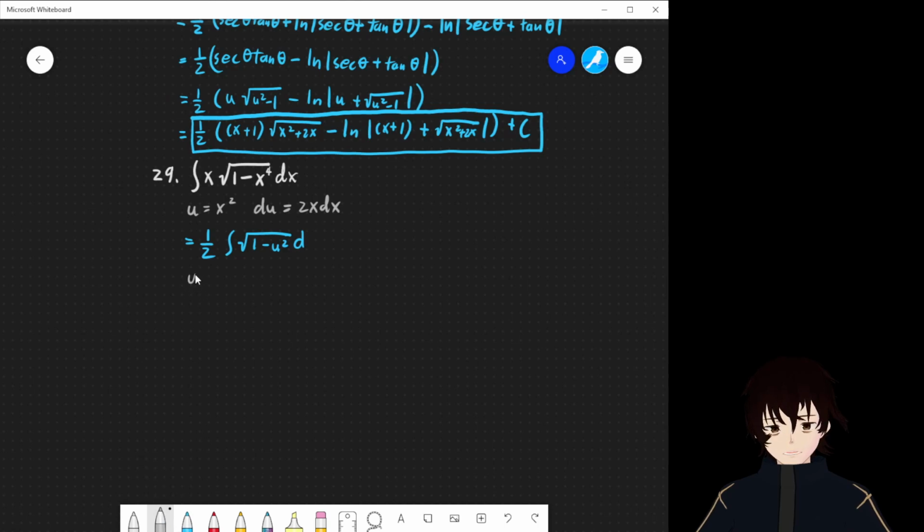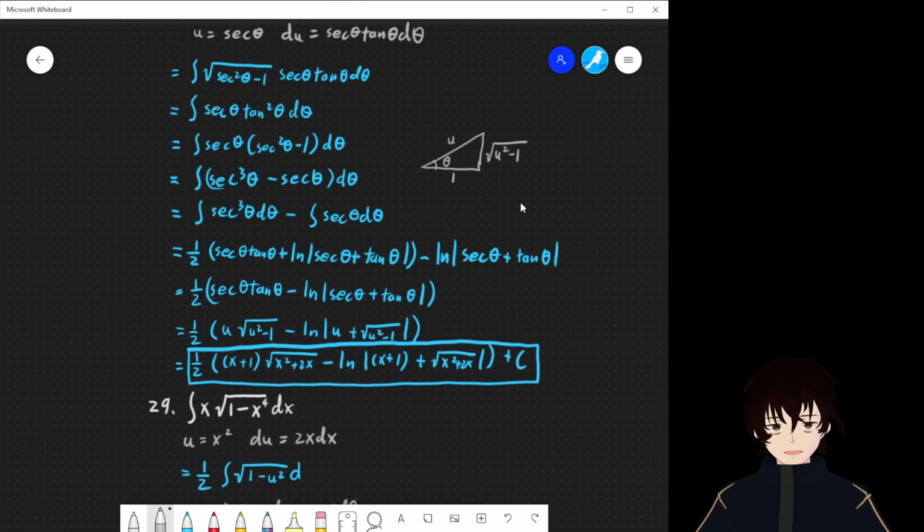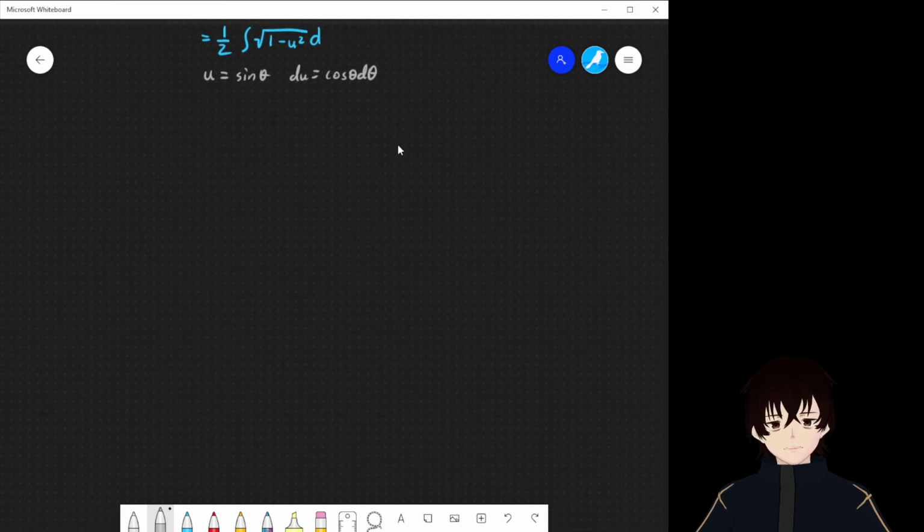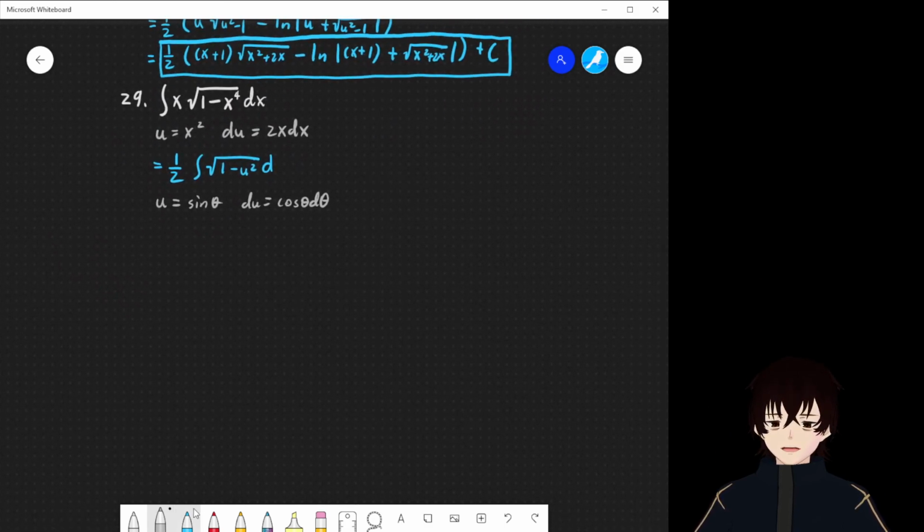Let's say u is equal to sine theta. du is equal to cosine theta d theta. Wait, did I write d theta? I did. I keep thinking I forget something, but then I didn't actually forget it. That means we would have 1 half times integral of square root of 1 minus sine squared theta.